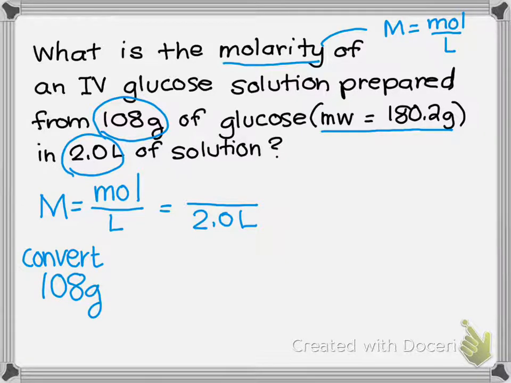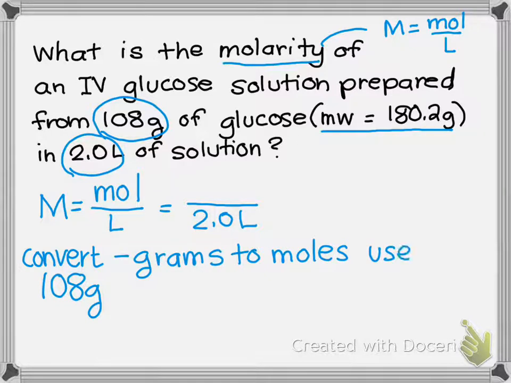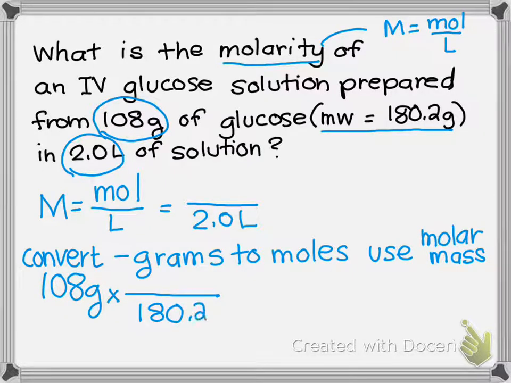So to convert, remember, grams to moles, we're going to use the molar mass, and the molar mass is given to us in this problem. But if you recall, to calculate the molar mass, you would need the chemical formula, and you add up all of the masses of each atom as found on the periodic table. In this case, going from grams to moles, I will divide by the molar mass so that my units of grams cancel.